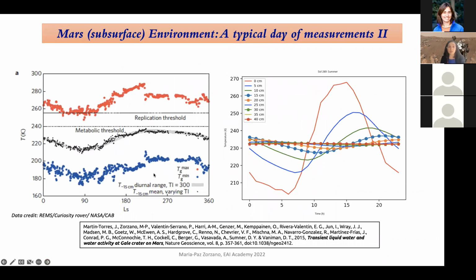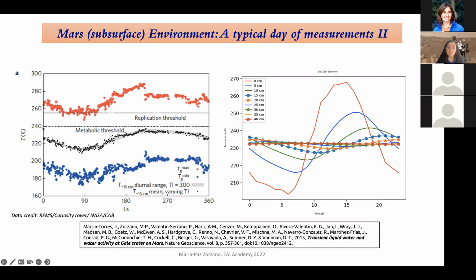So coming back to the temperature, it is extremely, extremely important for life because all the microorganisms that we know on Earth have a limiting temperature below which they cannot replicate and below which they cannot do any metabolic activity. So if we took one single organism from Earth, an extremophile that is able to tolerate very arid conditions and high radiation doses, there would only be certain windows of time when the temperature is high enough that these microorganisms can reproduce.